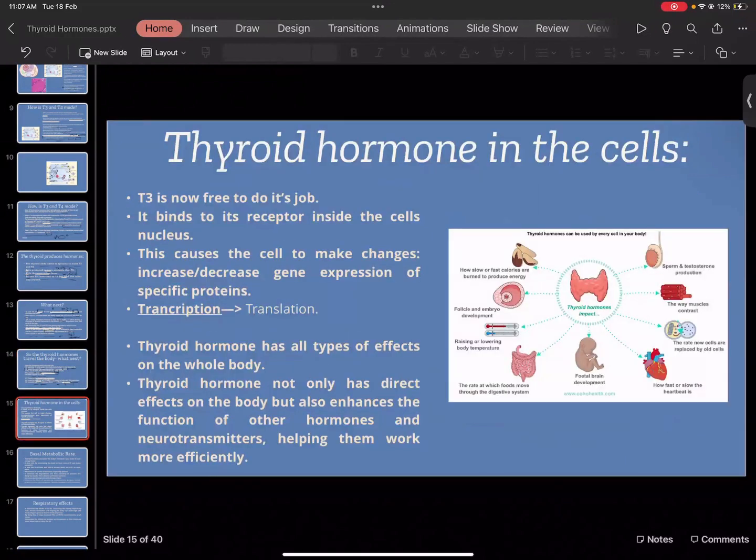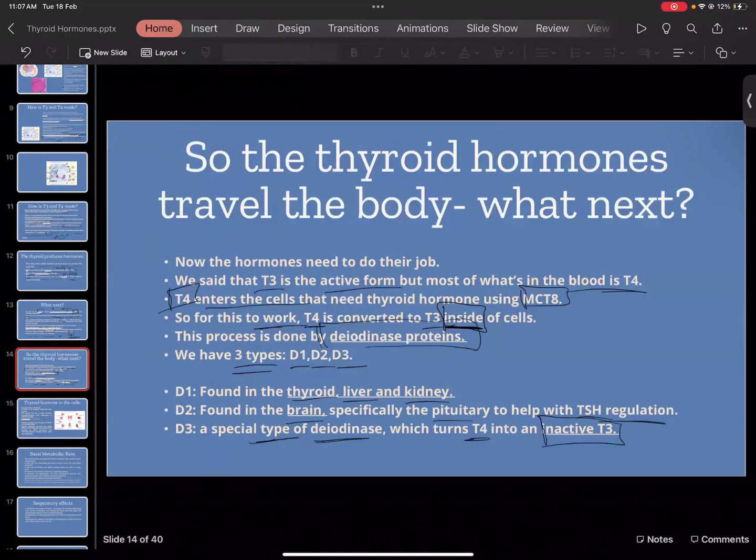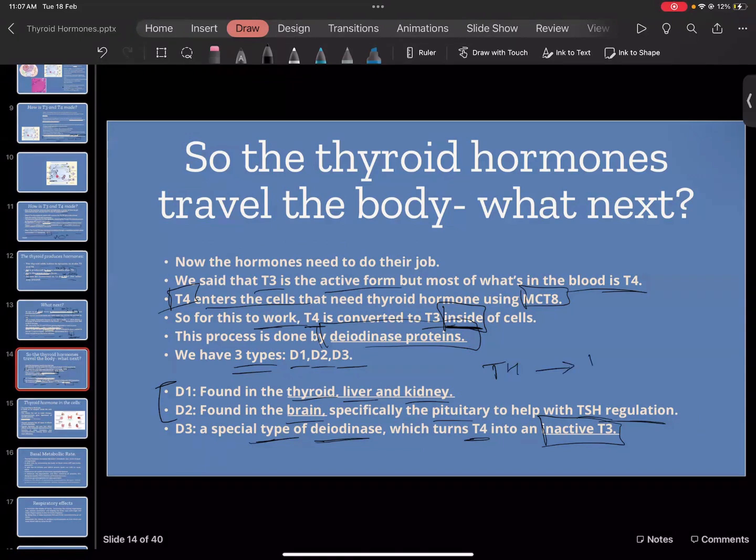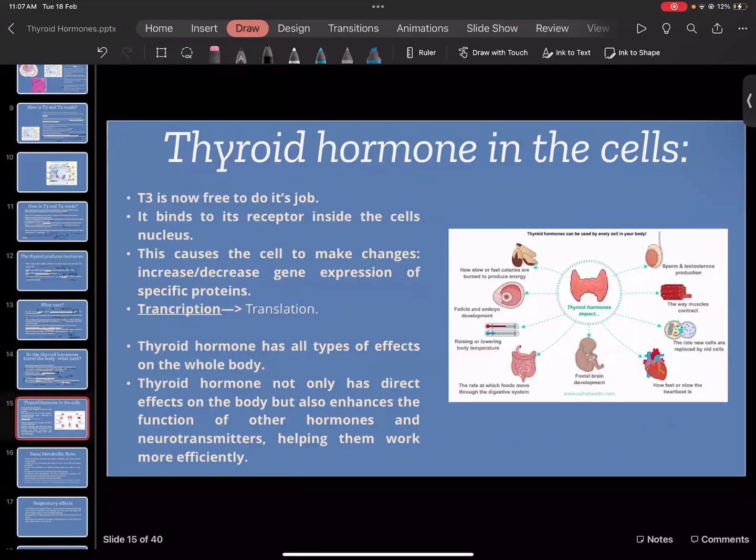All right. So just revising, D1 and D2 are going to convert T4 into T3 using deiodinase proteins. Okay, so now thyroid hormones in the cell: T4 was converted into T3, and T3 is free to do its job.